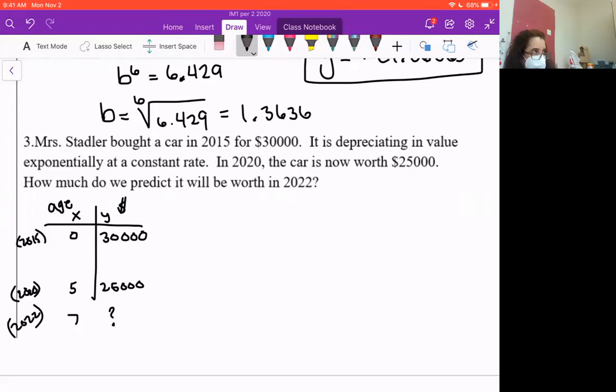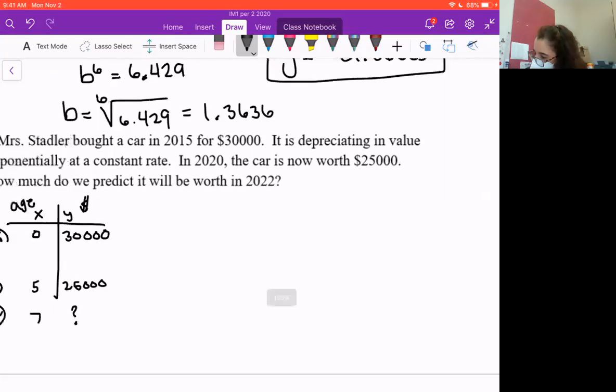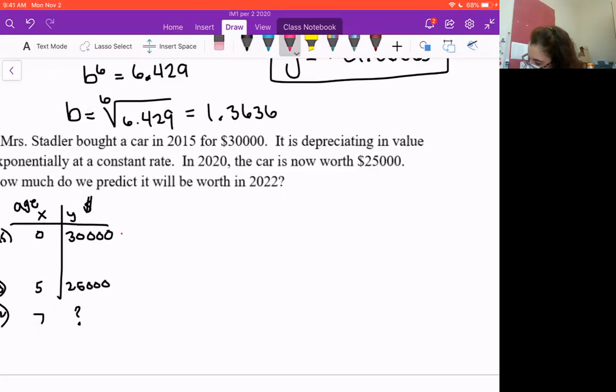It's all about how old is the car. So X, you can just measure that as the number of years, the age of the car. So it's the number of years that have passed since 2015. So right here, that's my y-intercept. So A is $30,000. And then this is the X and the Y that I'm going to substitute into my exponential function.